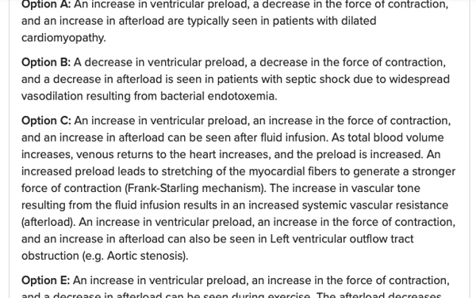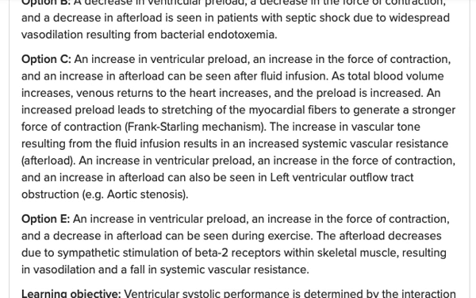Option B, a decrease in ventricular preload, a decrease in the force of contraction, and a decrease in afterload, is seen in patients with septic shock due to widespread vasodilation resulting from bacterial endotoxemia.